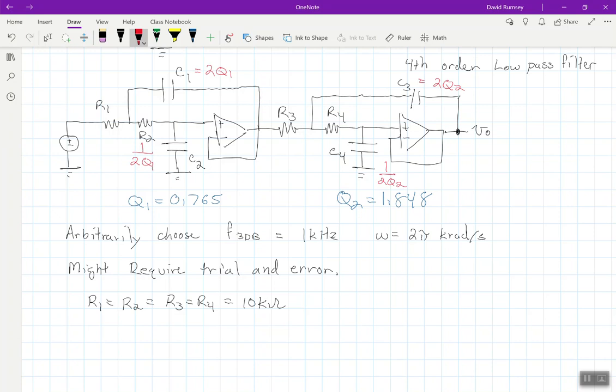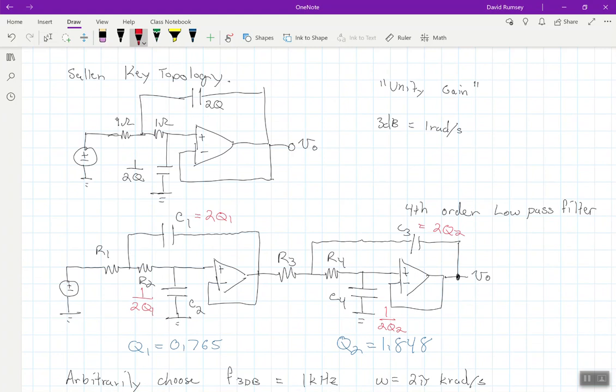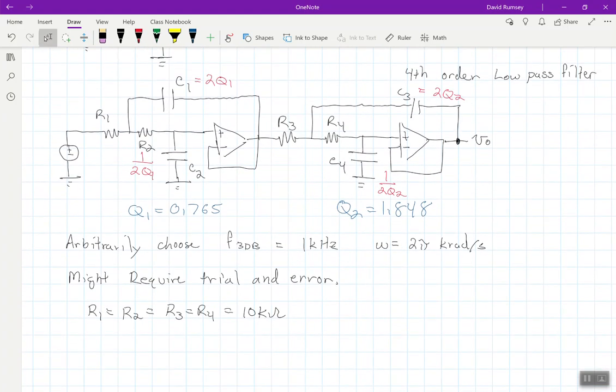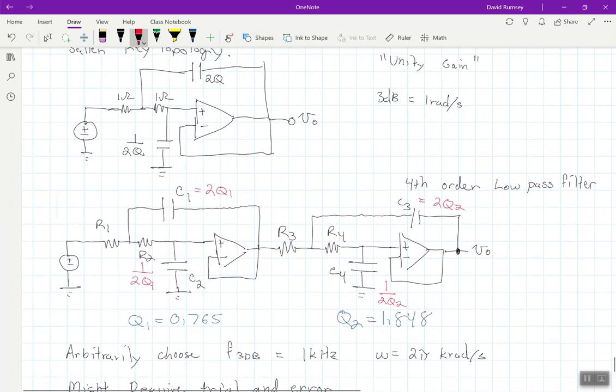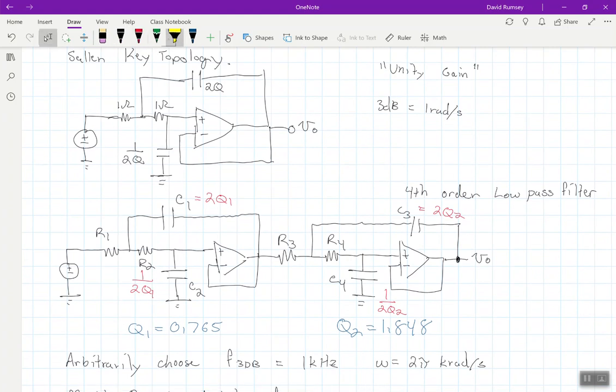So what we have here is, okay, I started out with this original topology having 1 ohm here. So I've made them 10 kiloohms. So my magnitude scaling is 10,000. Now, this was for 1 rad per second.